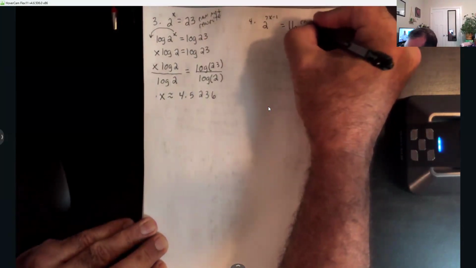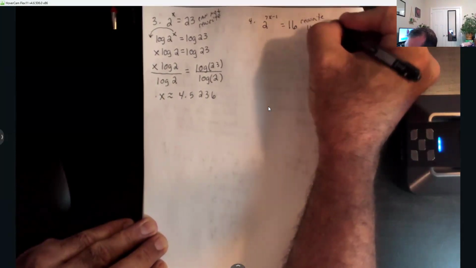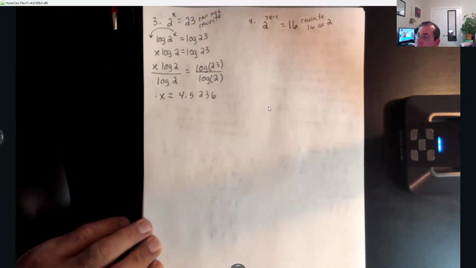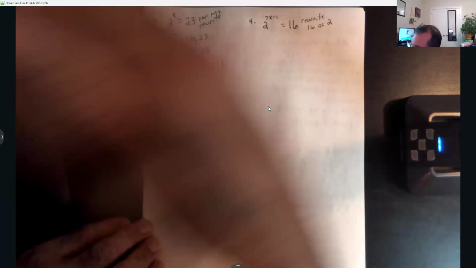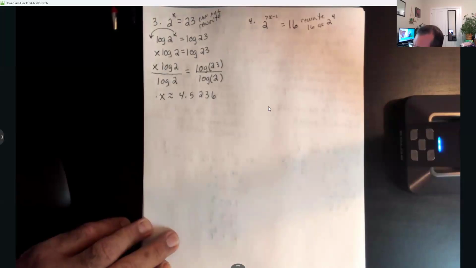So I'm going to rewrite 16 as 2 to some power. Well, let's think about it. 2 times 2 is 4, times 2 is 8, times 2 is 16. So I did that 4 times.